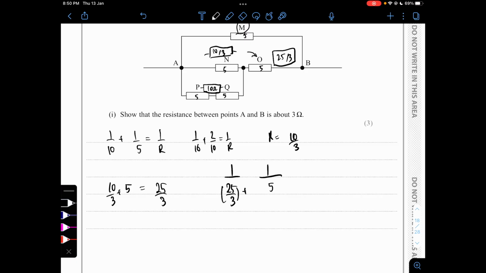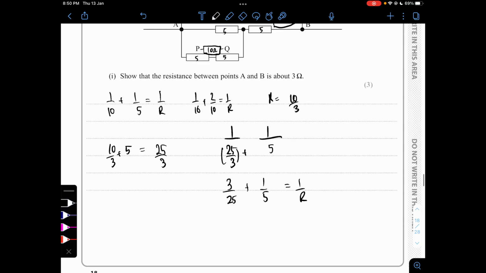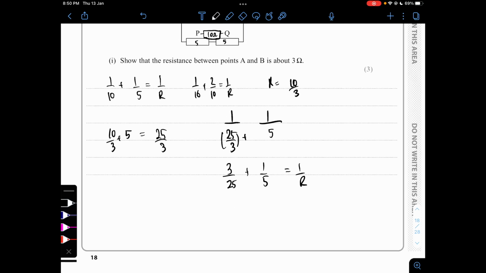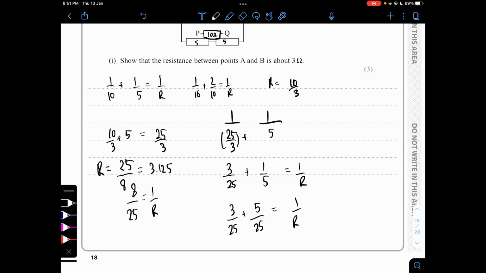Dividing by a fraction means going by reciprocal, so 3 over 25 plus 1 over 5 equals 1 over R. So then just times by 5, so 3 over 25 plus 5 over 25 equals 1 over R, so 8 over 25 equals 1 over R, so our resistance is 25 over 8, which is 3.125.